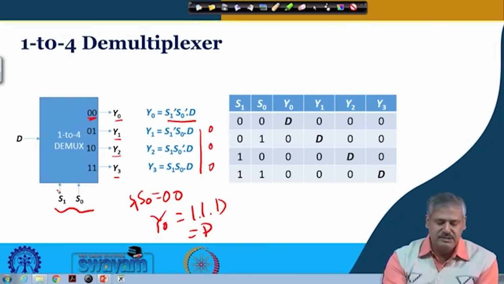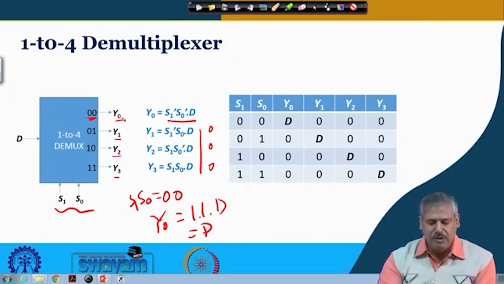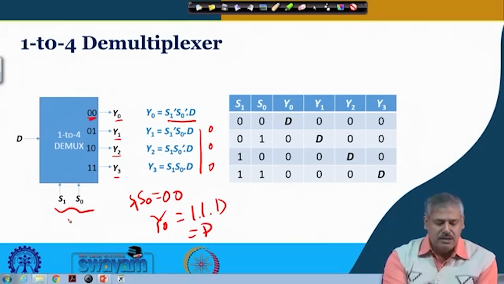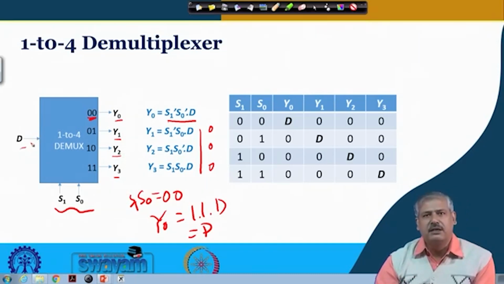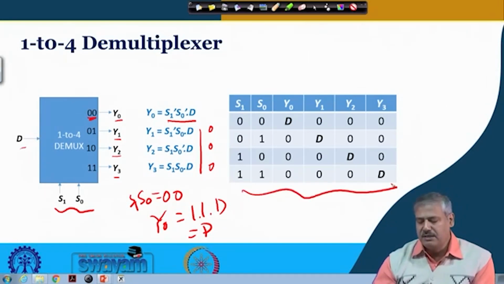So, the Y0 output is only changing according to D. If you have a different combination of the select inputs, we shall have Y1 or Y2 or Y3 taking the value of D, with the other outputs remaining 0. This can be written in the form of a truth table as has been shown here.